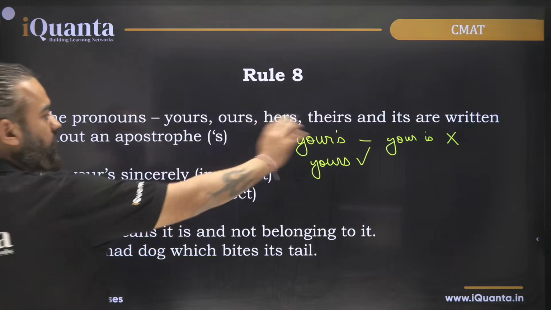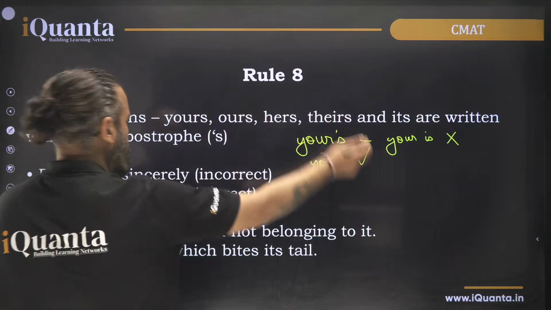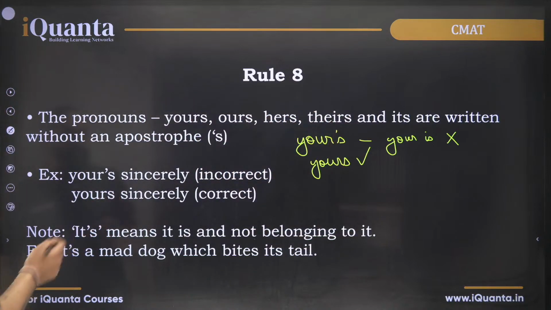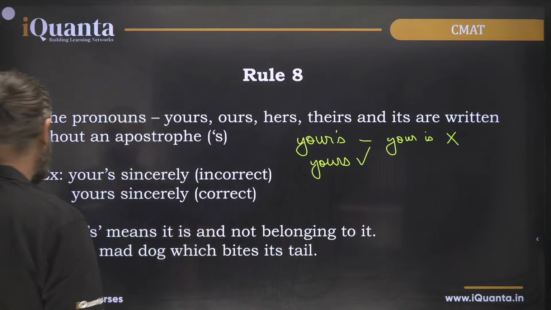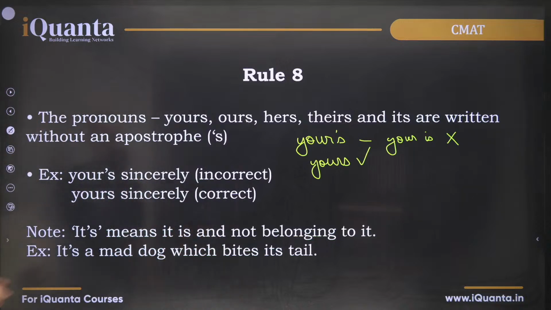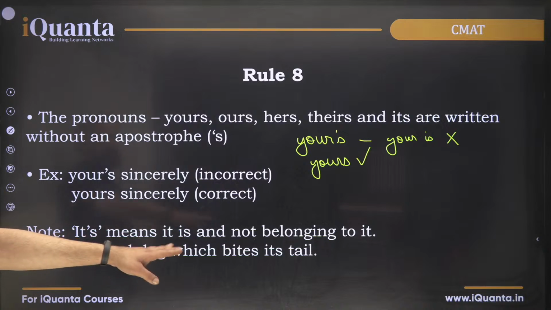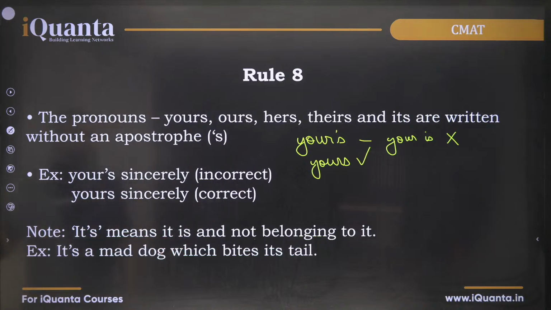Yours, we don't put an apostrophe here, and so on and so forth. Example is right there in front of you, yours sincerely. Again, there's a note: it's means it is and not belongs to it. You have an example here. It's a mad dog which bites its tail. So when I say it apostrophe s, I mean to say it is.